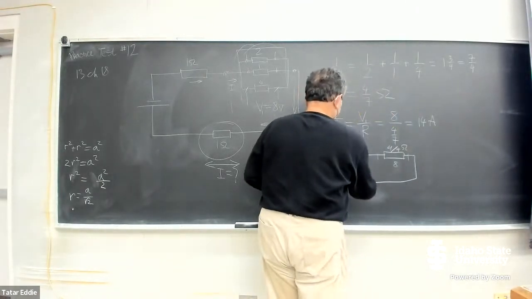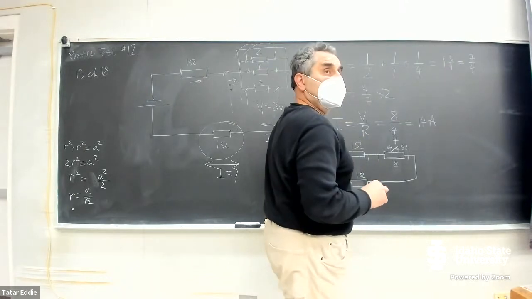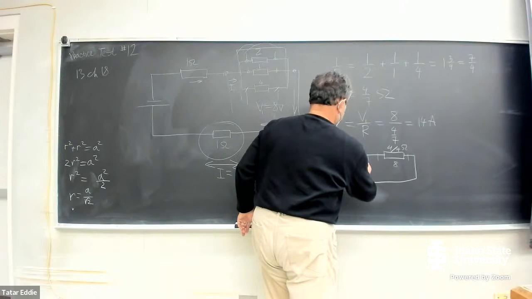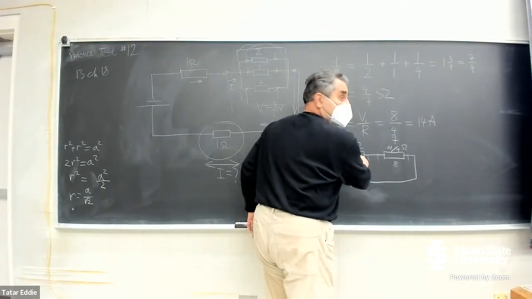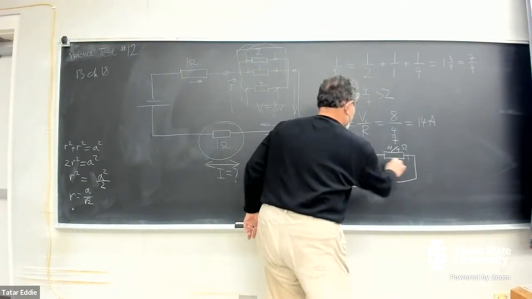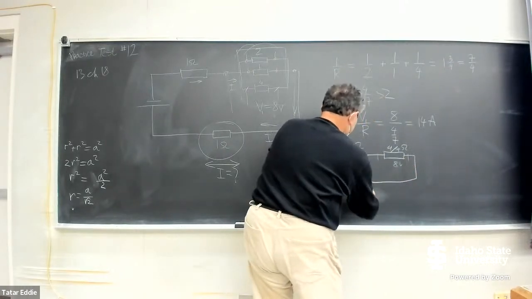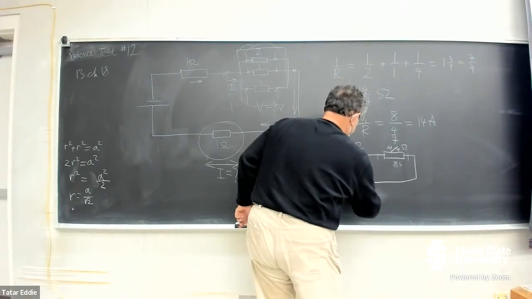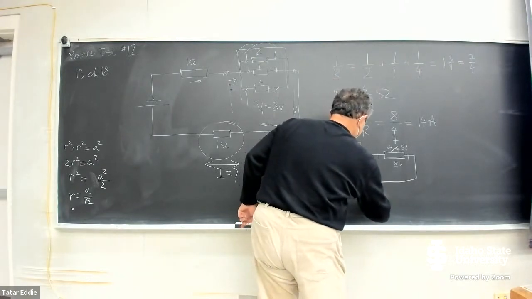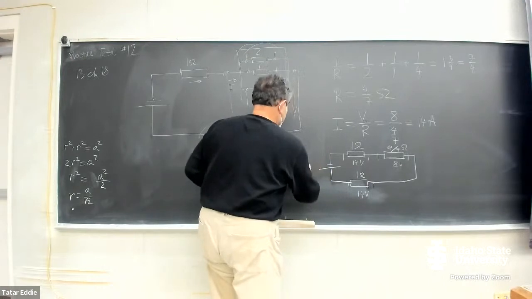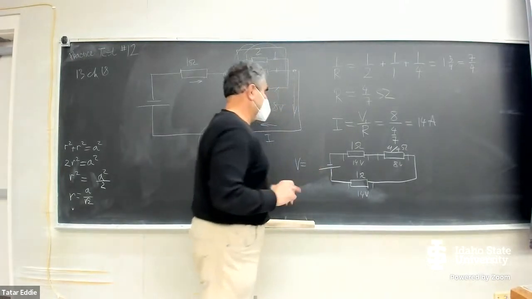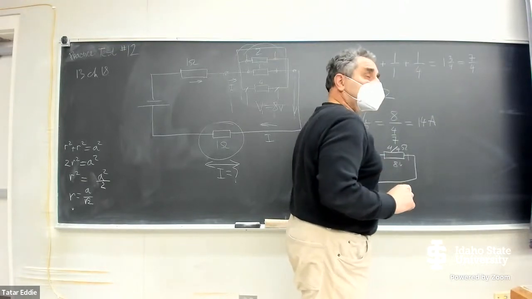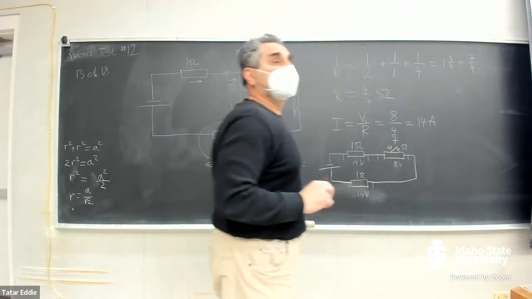You can calculate the voltage here. Current is 14 times 1, so it is going to be 14 volts. And the same thing here, 14 amps times 1, again 14 volts, which means that the battery has to be how much? 14 and 14, 28 and 8, 36.